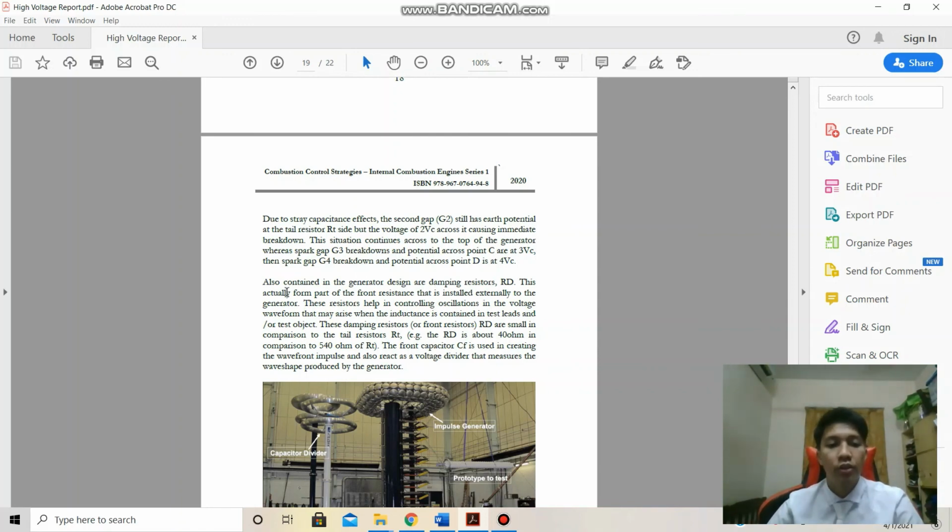They also contain in the generator design the damping resistor. They actually form a part of the front resistor that is installed internally in the generator. Okay, this resistor helps in controlling oscillations in the voltage waveform that may arise when inductance is contained in the test lead, and this damping resistor is small in comparison to the tail resistor.